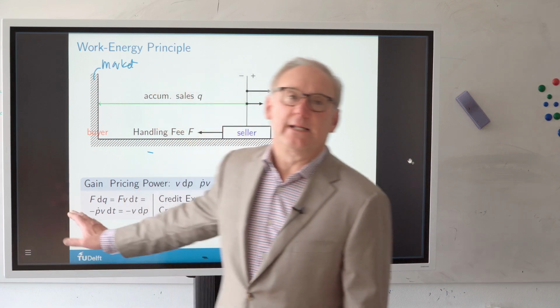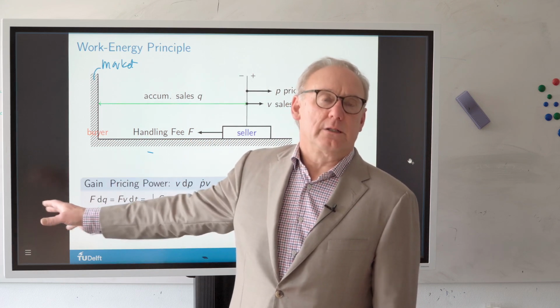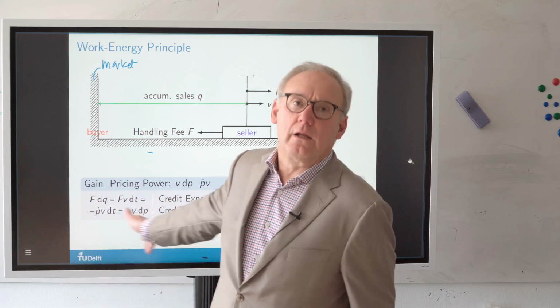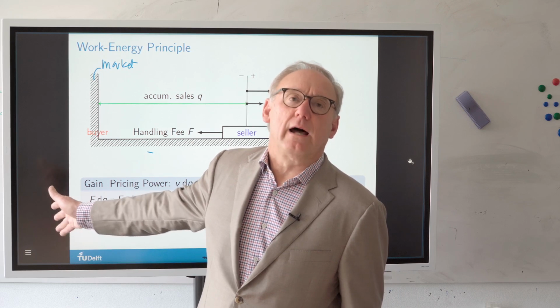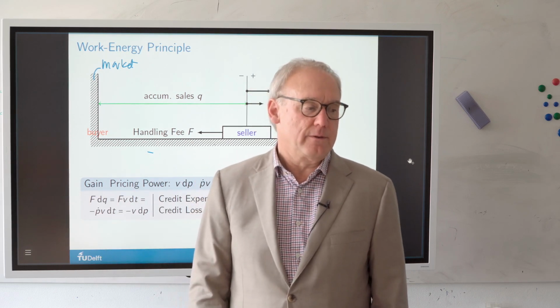But here we don't have any heat yet, okay? We just have work and kinetic energy. So here we have work, or these handling costs, right? And we have surplus or profit or whatever you want to call it, gains.